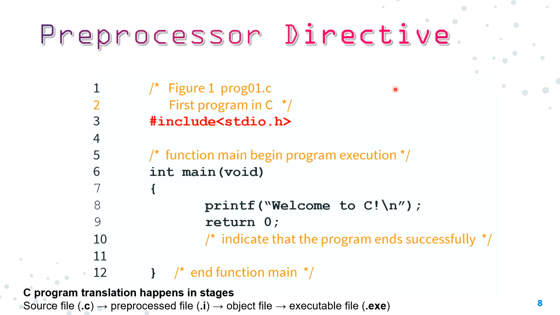Preprocessor directive. Preprocessors run before compilation. They process the source code before the compiler translates it into machine code. The #include <stdio.h>, the standard input-output header file, is essential for input and output.